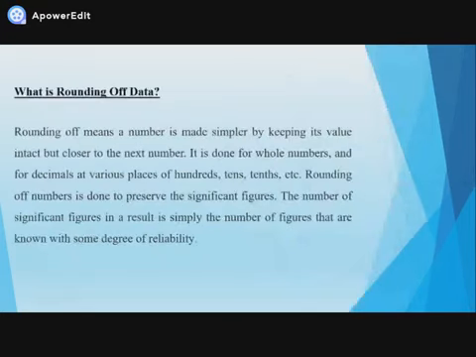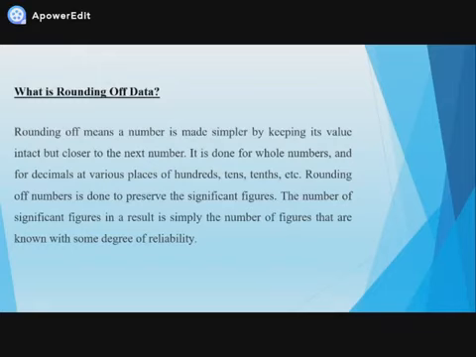Now there is another topic which is rounding off data. So what is rounding off data? Rounding off means a number is made simpler by keeping its value intact but closer to the next number.